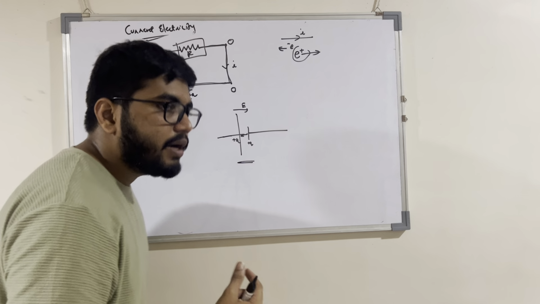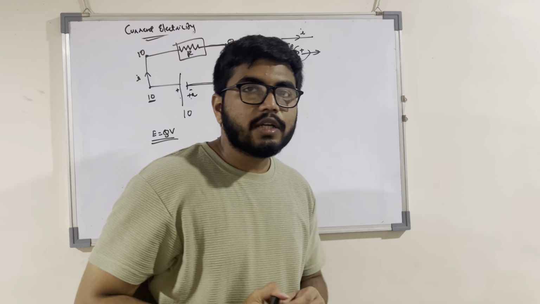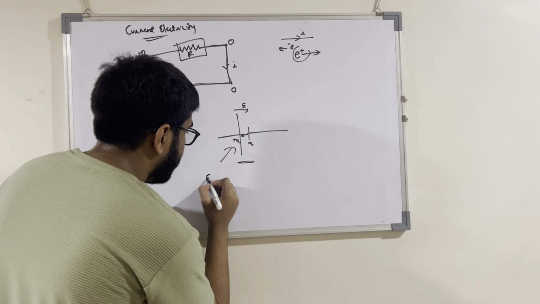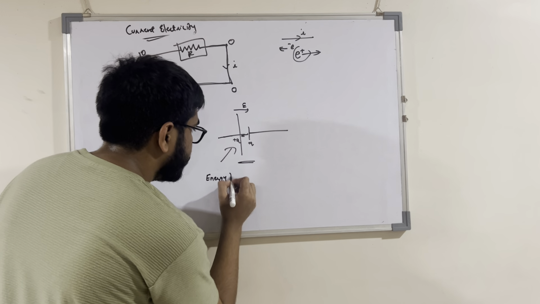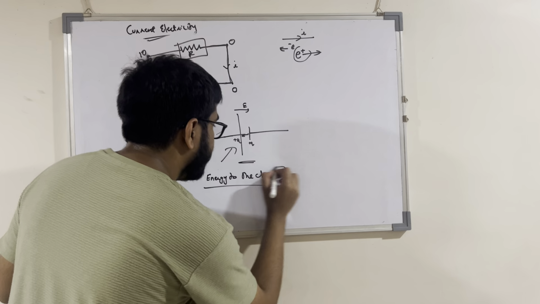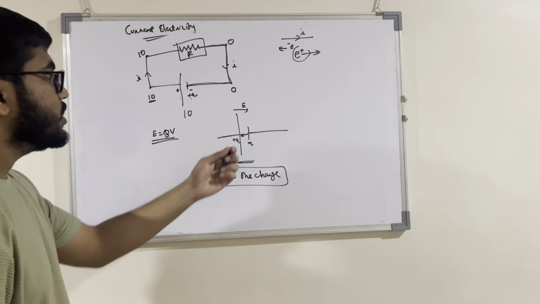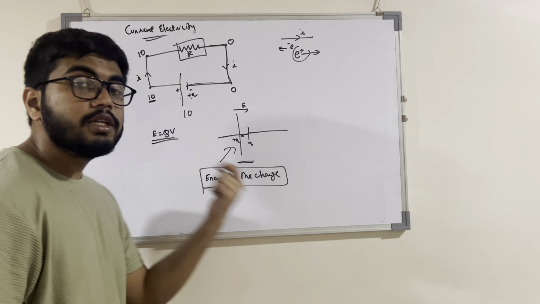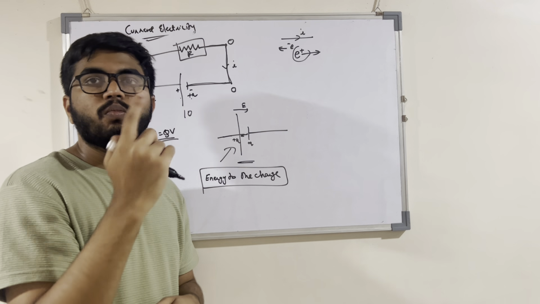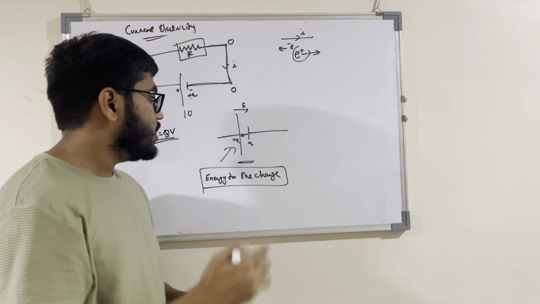So what is battery doing here? Battery is actually providing energy to the charge. That's the role of battery. It provides energy to the charge. Charge will come, go up, and where will this energy be used? This energy will be used by the resistance, fan and so on, to rotate.